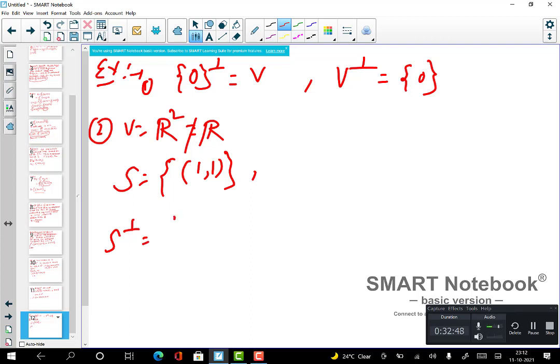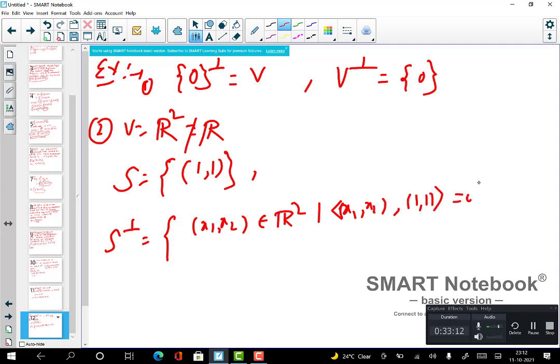In S bar we will have all the vectors (x1, x2) belonging to R2 such that the inner product with (1, 1) is 0. This is the scalar product, so x1 into 1 plus x2 into 1. That means x1 plus x2 equals 0, so x1 equals minus x2.